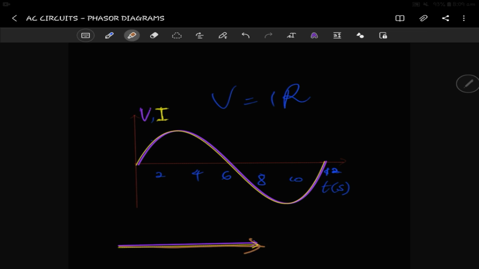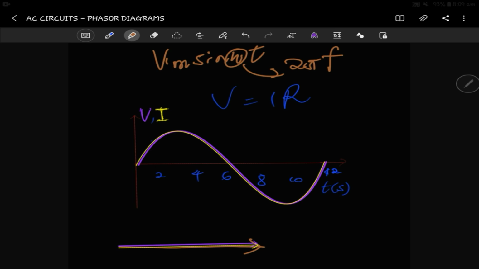They start on this line here, which is the x-axis, and the x-axis could be time. We said that if you have a sinusoidal quantity, let's say the peak value, the maximum, and then you have sine of ωt here, where ω is the same as 2πf.